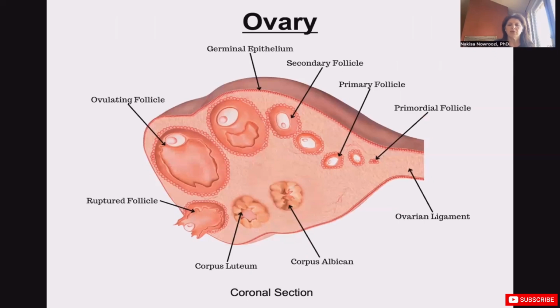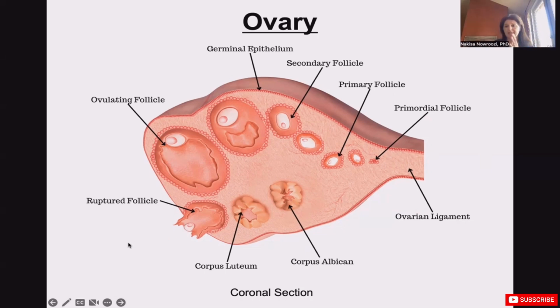Here I'm looking at the cross-section of ovaries, and it's showing me that every month in a menstruating girl, you have primordial follicles. They are maturing to become primary follicles, secondary follicles, Graafian follicles, or ovulating follicles, and ruptured follicle, where the ovum will leave the body.